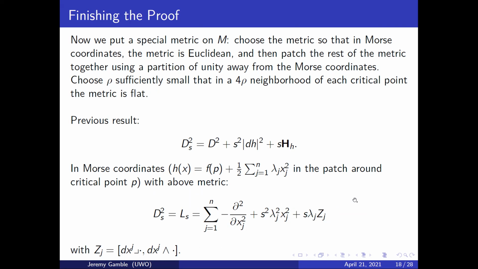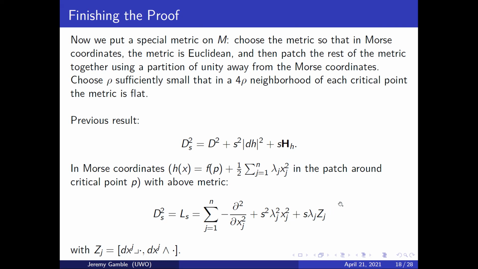It's not super important, but what we notice here is this first part of LS is the harmonic oscillator operator, like the Hamiltonian for the quantum harmonic oscillator. And then this is a little perturbation of it with this Zj.